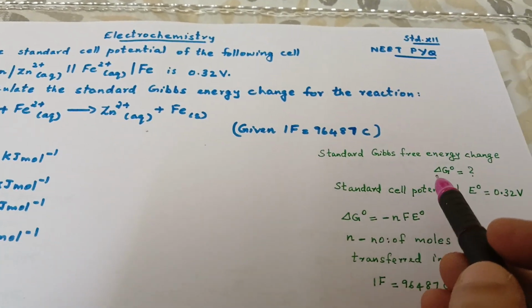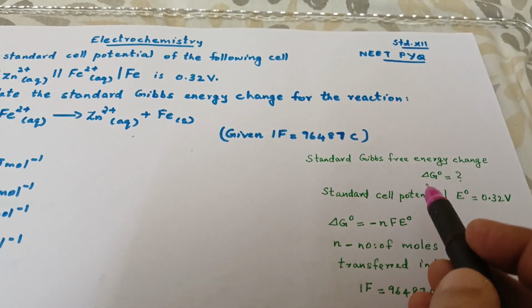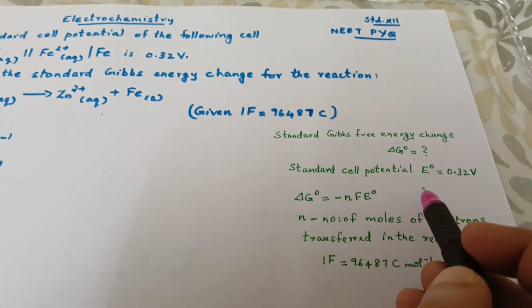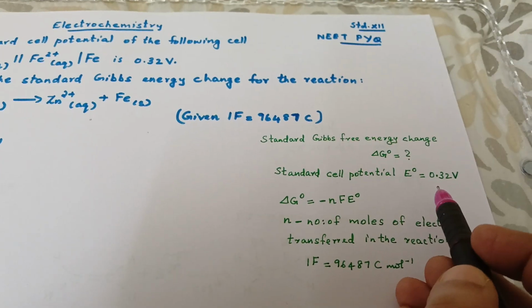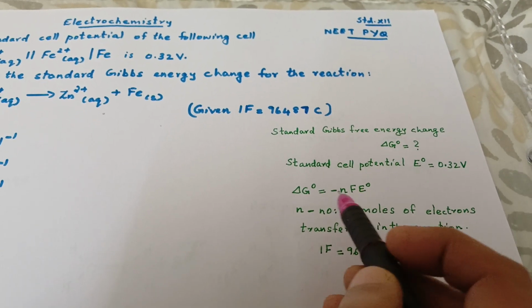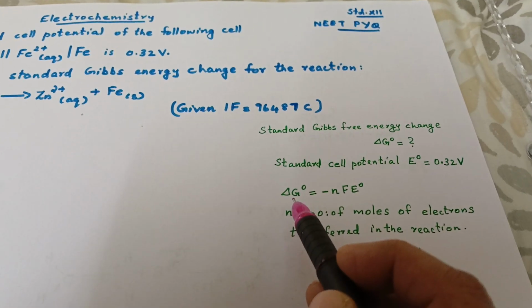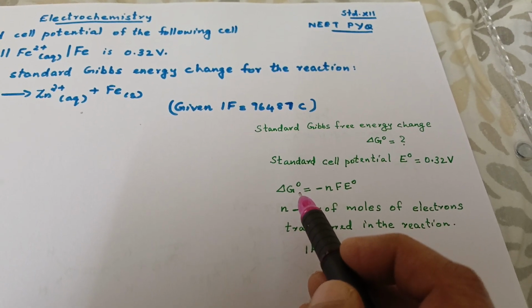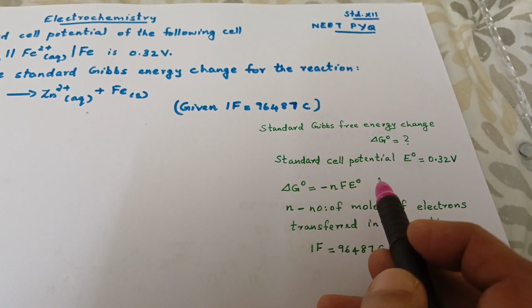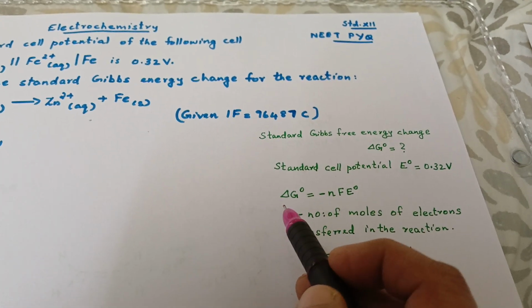Now the standard Gibbs energy change is represented as delta G naught, and standard cell potential E naught is given as 0.32 volt. The relation between standard Gibbs free energy change delta G naught and standard cell potential E naught is like this.